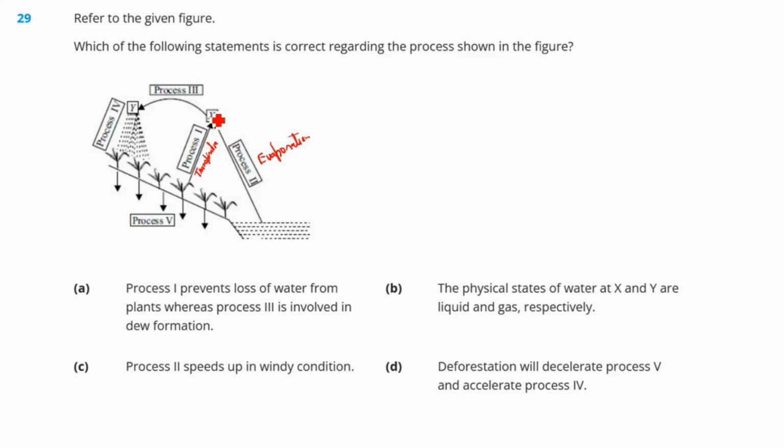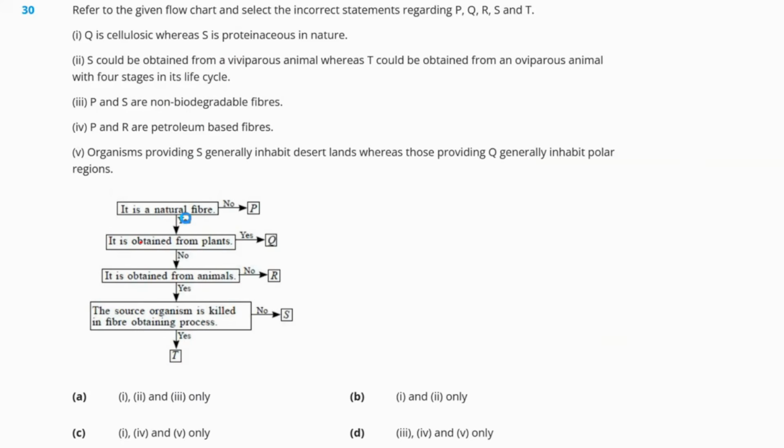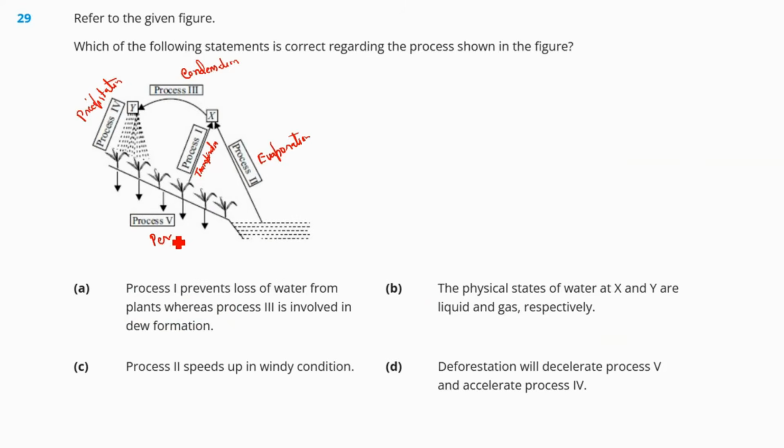Process 3, from X to Y, can be condensation. Process 4 can be precipitation. And process 5 can be percolation or infiltration.